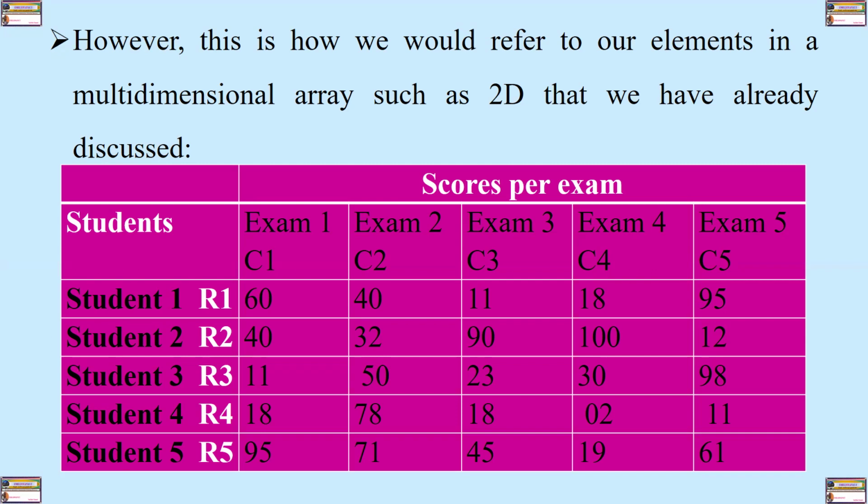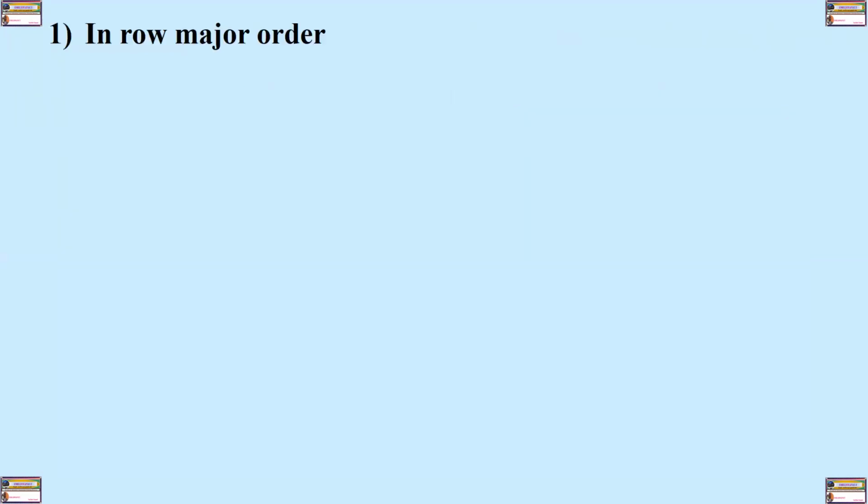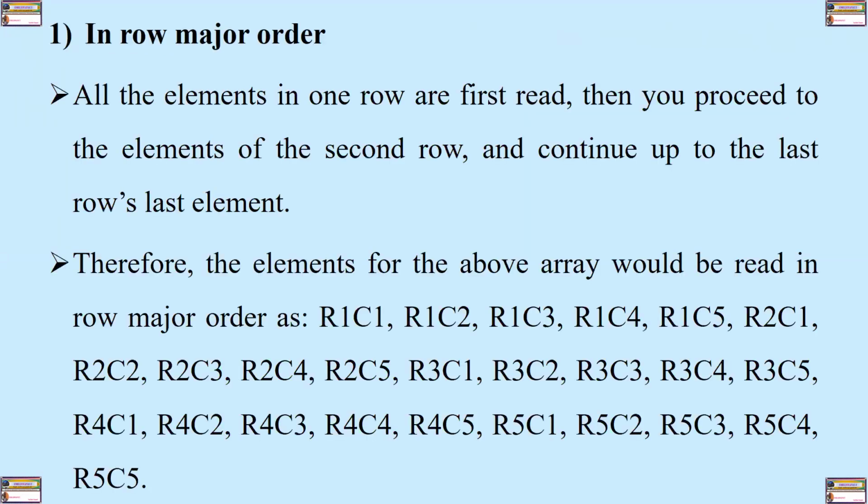That is R1, C1, R1, C2, R1, C3, R1, C4, R1, C5, R2, C1, R2, C2, R2, C3, R2, C4, R2, C5, R3, C1, R3, C2, R3, C3, R3, C4, R3, C5, R4, C1, R4, C2, R4, C3, R4, C4, R4, C5, R5, C1, R5, C2, R5, C3, R5, C4, R5, C5. That is how we read the elements in row major order.